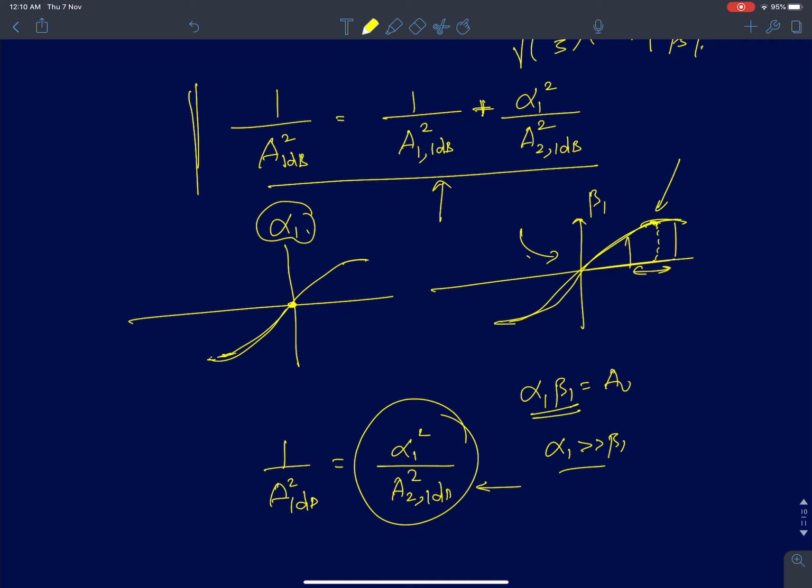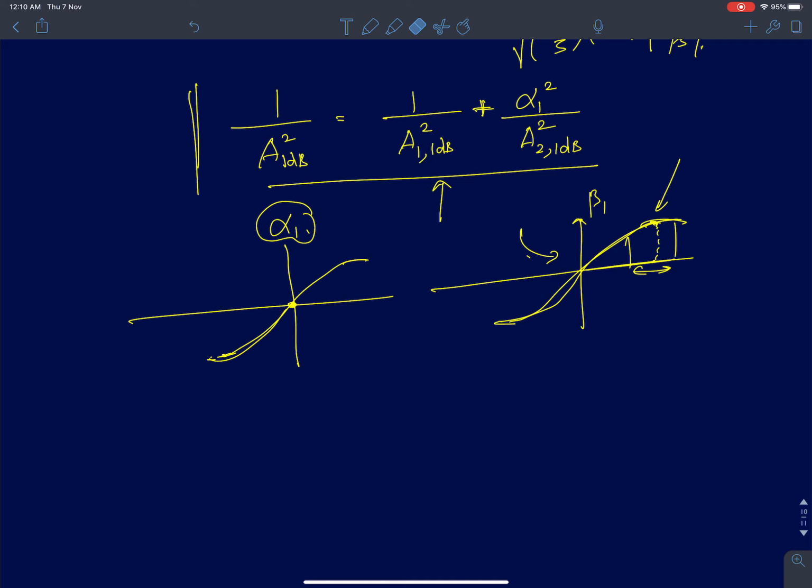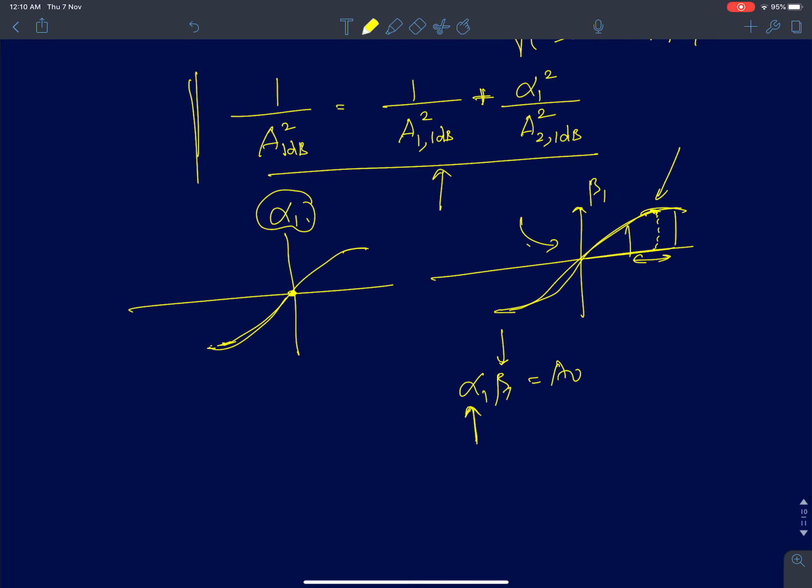So ideally, if I want to have a very good nonlinearity, if I want to distribute alpha 1 beta 1 as a total gain, I'll give most of the gain to the second stage and very little gain to the first stage. Then most of the compression will happen at the first stage itself, because your alpha 1 is very small compared to beta 1.